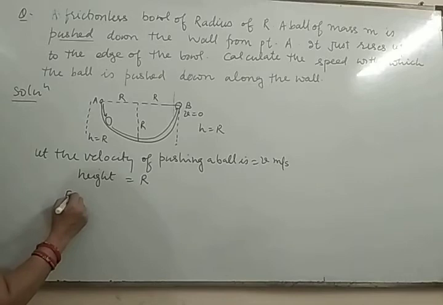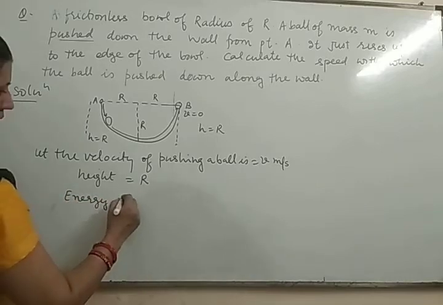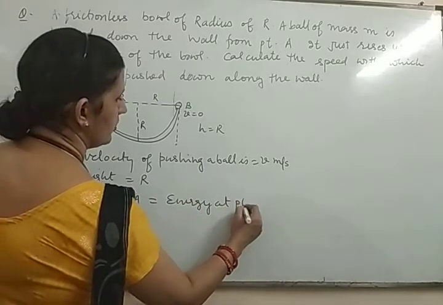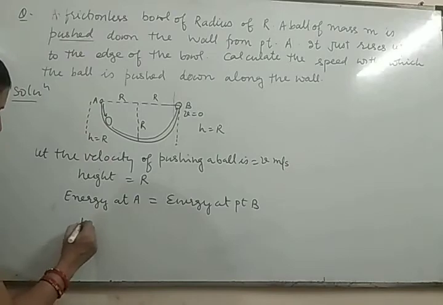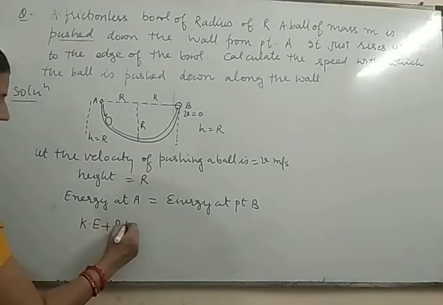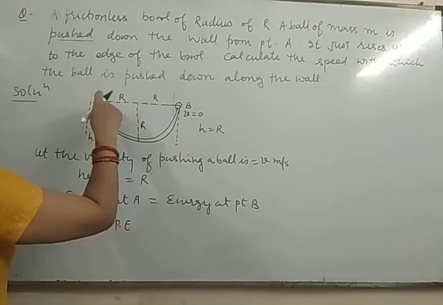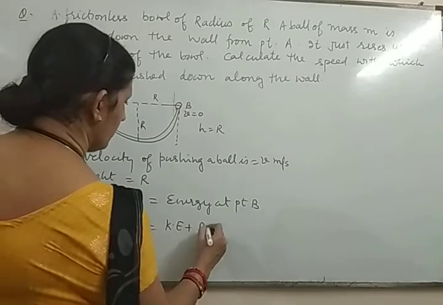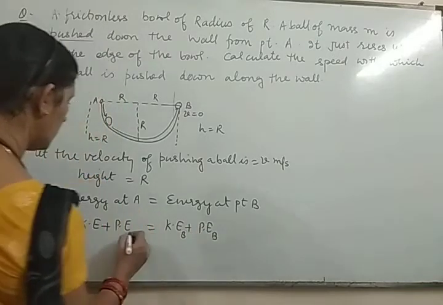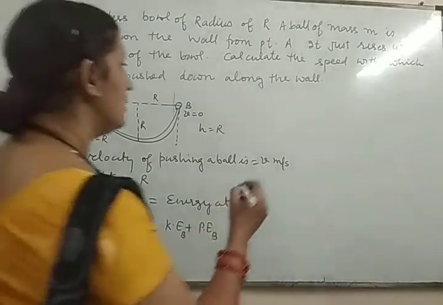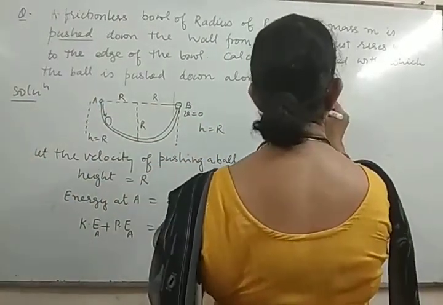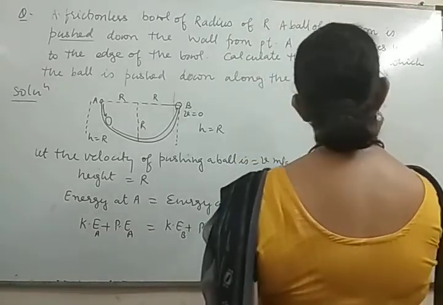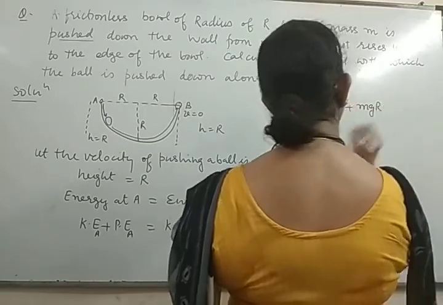So the energy at point A should be equal to the energy at point B. Energy is the sum of kinetic energy plus potential energy, because it is having some height as well as it is moving. This is equal to the sum of kinetic energy plus potential energy at point B. This is at point A. So the kinetic energy at point A will be half m v square, given velocity v, plus mg, height is r.